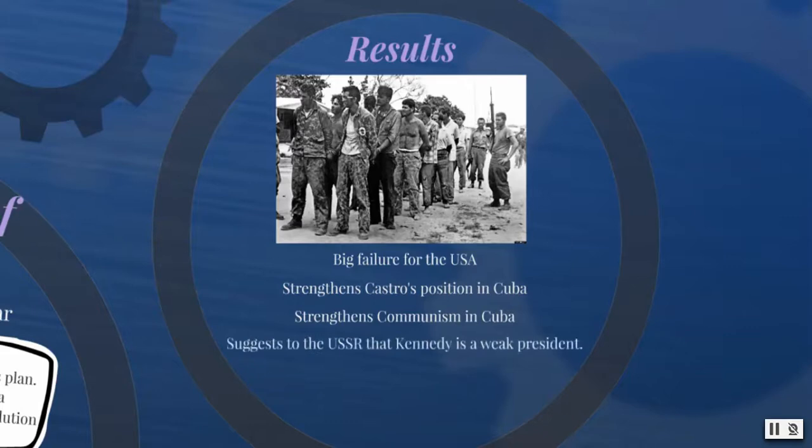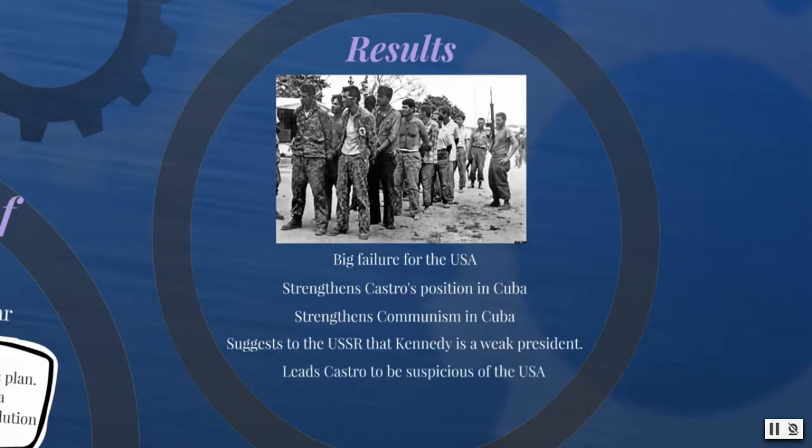Fourth, it suggested to the USSR that Kennedy was a weak president. Remember that this is happening in 1961, at approximately the same time as the Berlin Wall crisis. And fifth, it leads Castro and Khrushchev to become very suspicious of the USA and afraid of another US invasion.